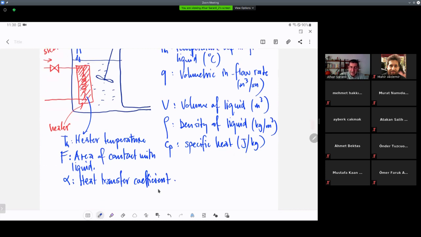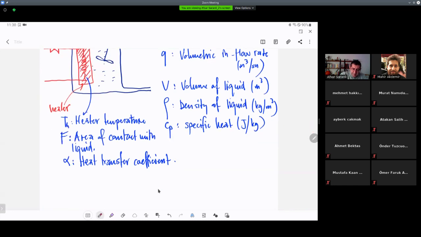Now let's define our aim and conclude for today. What is our aim? Obviously we are trying to model this system. Oh, sorry, by the way, let's also indicate here, we have the temperature of the liquid coming out, and also the outflow rate.